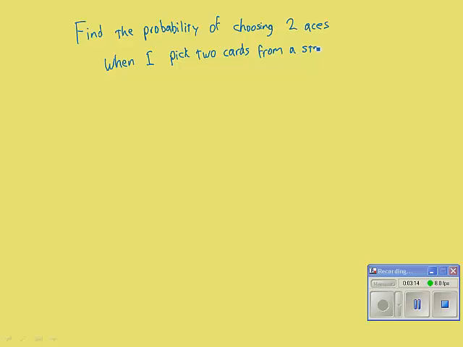Now, the problem with using this example is we're not all so familiar with cards anymore, so I'm going to give you some details you need to do this problem. A little help from the audience. You guys know how many cards are in a standard deck? 52. 52 pickup, right? So I want to choose 2 aces when I pick 2 cards, right?